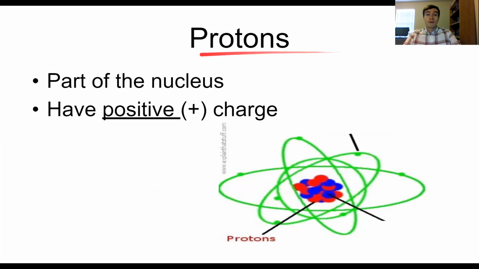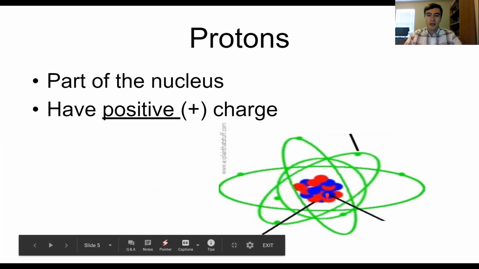And the main thing to remember about protons for now is that they have a positive charge or a plus charge. So this one, pretty easy to remember. Protons have a positive charge. So P goes with P. Protons, positive. So this is one section of our nucleus, one part of the cluster of these tiny particles inside of the nucleus of an atom.